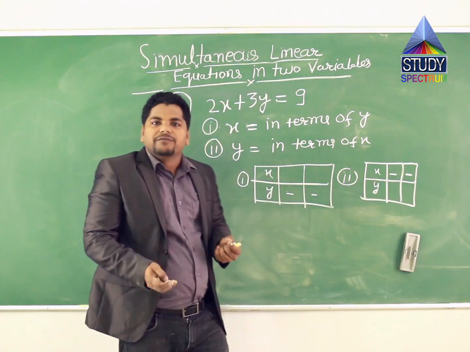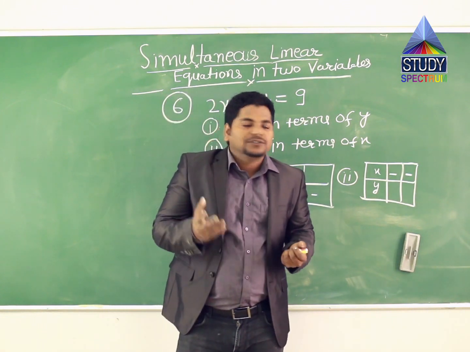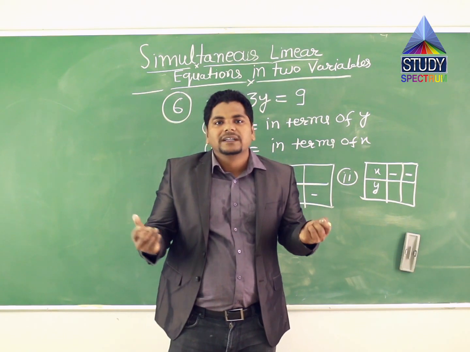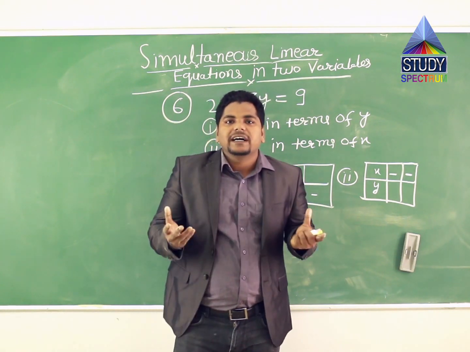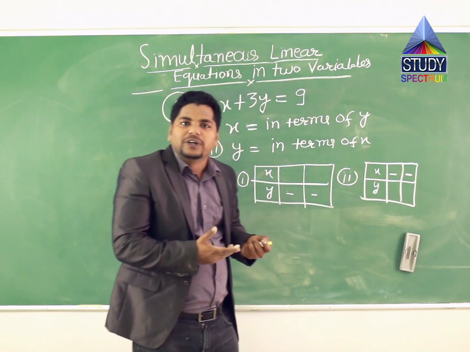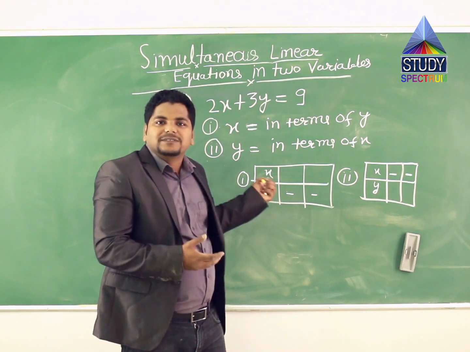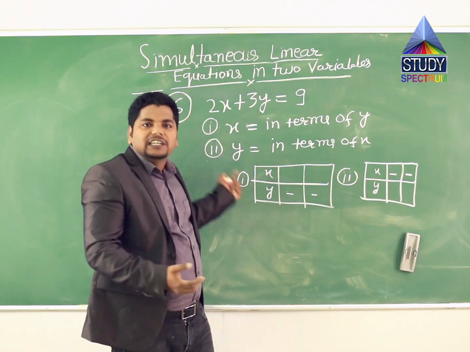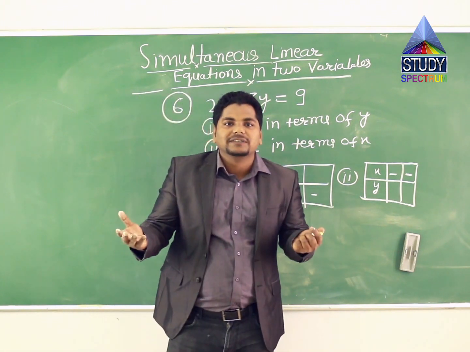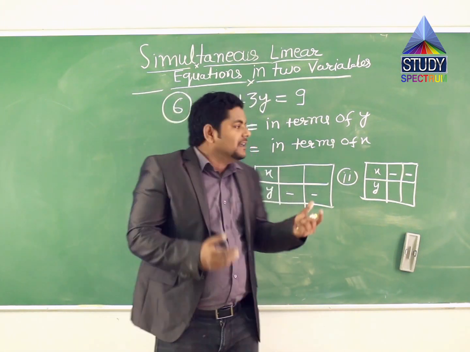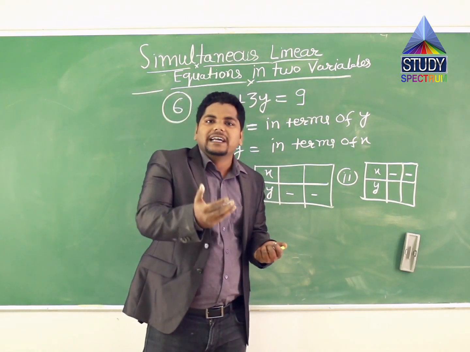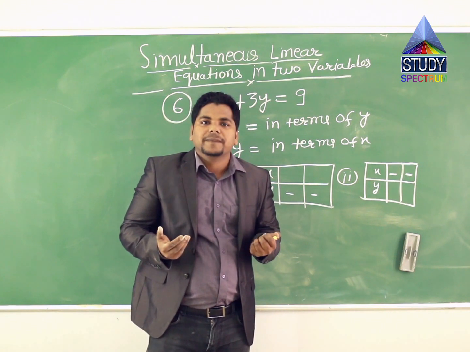Now we will take another method, another approach to get 2 points. In this new method, you don't have to express either of the variables in terms of the other.